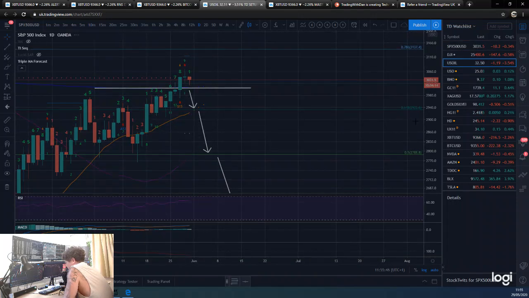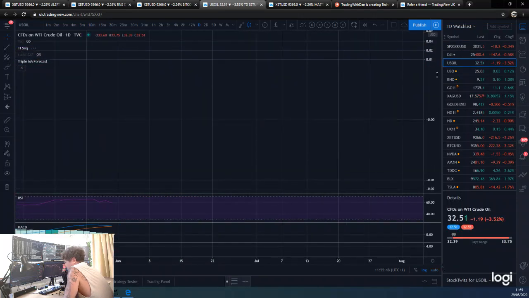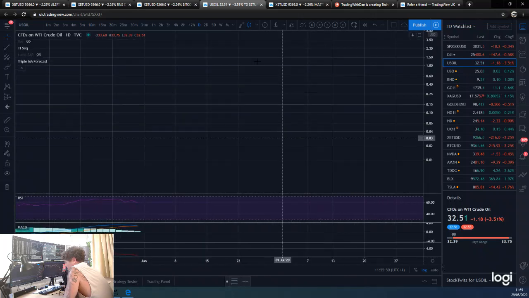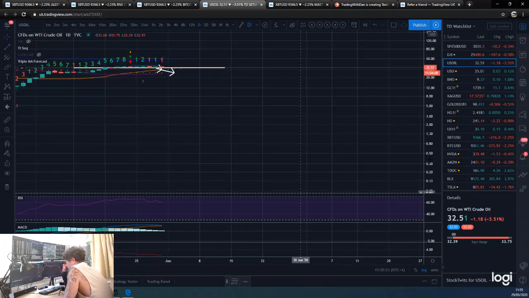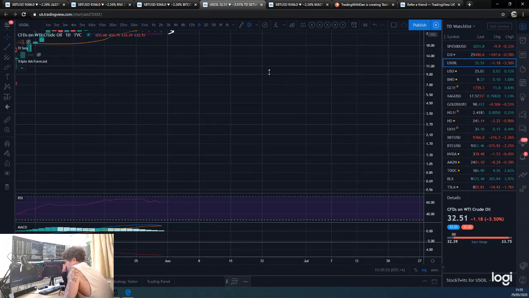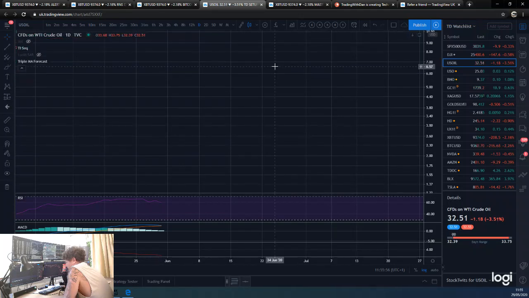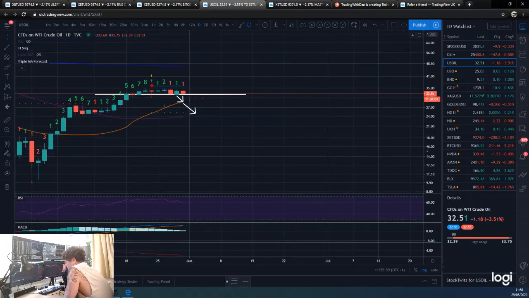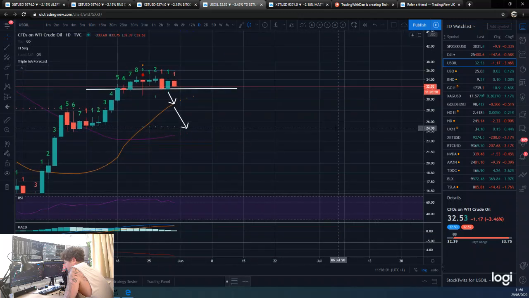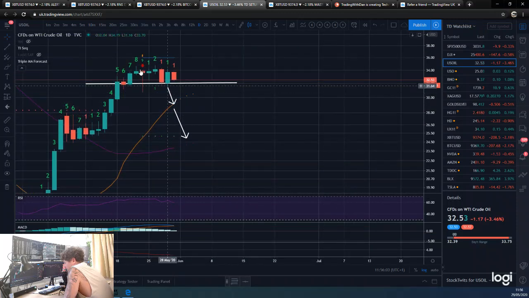So let's have a look at oil. It just annoys me how my chart gets messed up because of a candle that goes to -40. As you can see, we still haven't closed the candle below this line yet.